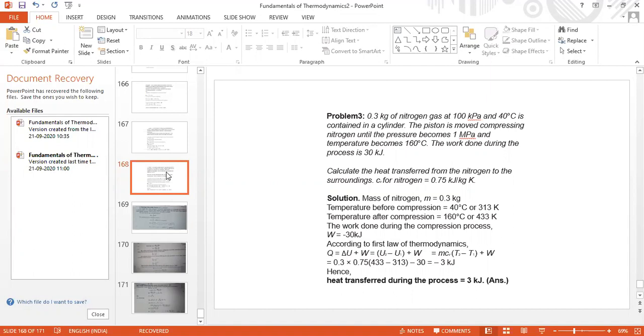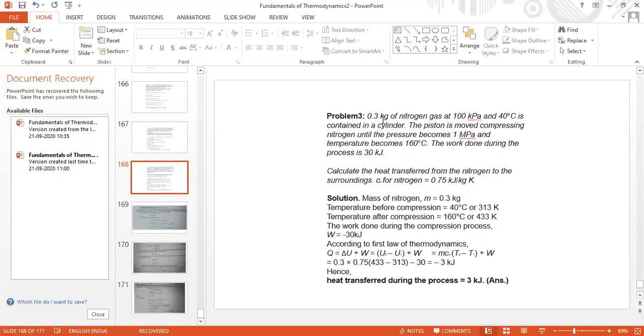Go through the problem, read what is given and what is important in the problem, and note it down.